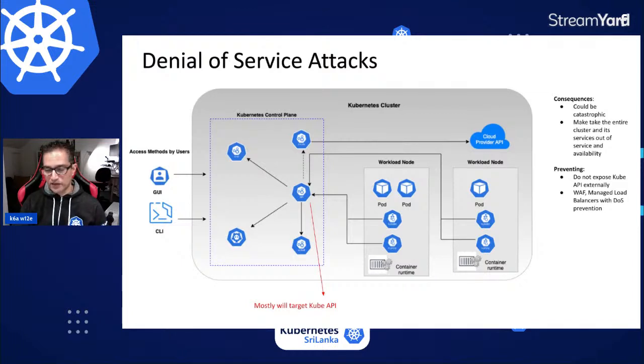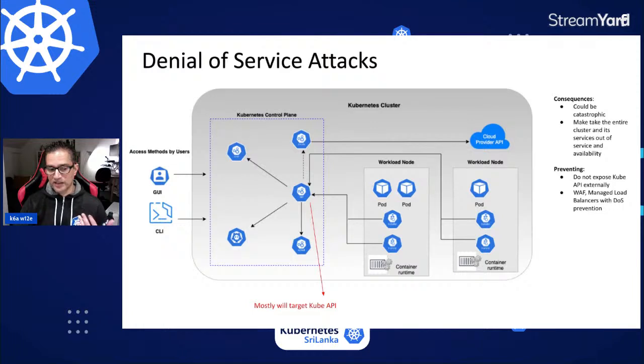Otherwise, have the private VPC, have a bastion host, and you don't even need the VPN. You could log into the bastion host, and then because you're now within that network, you can prevent that denial attack, right? Consequences can be catastrophic.